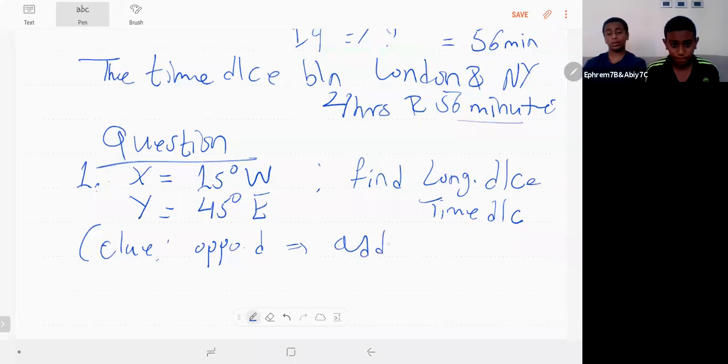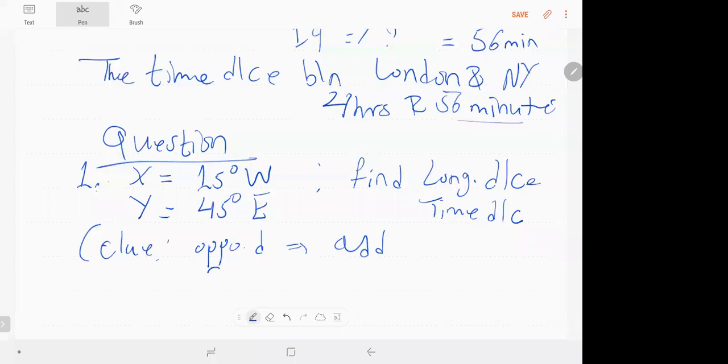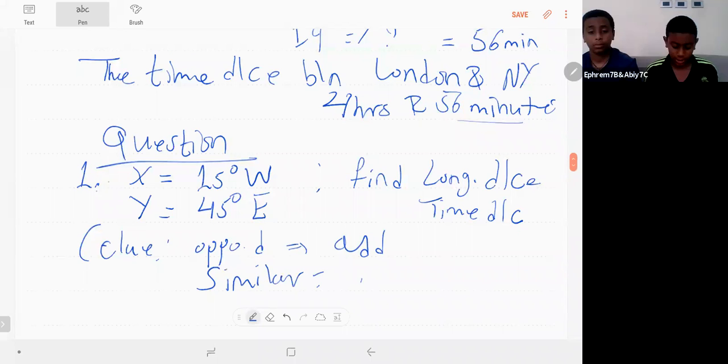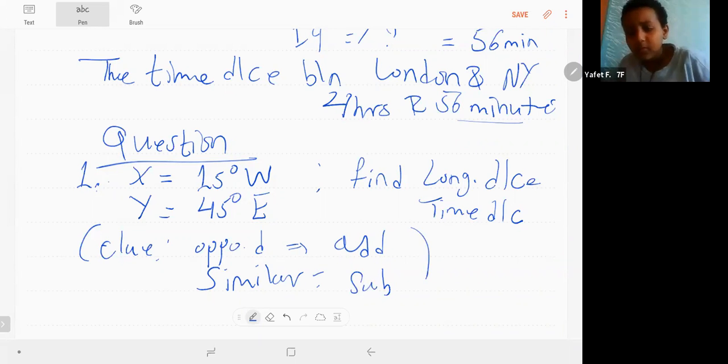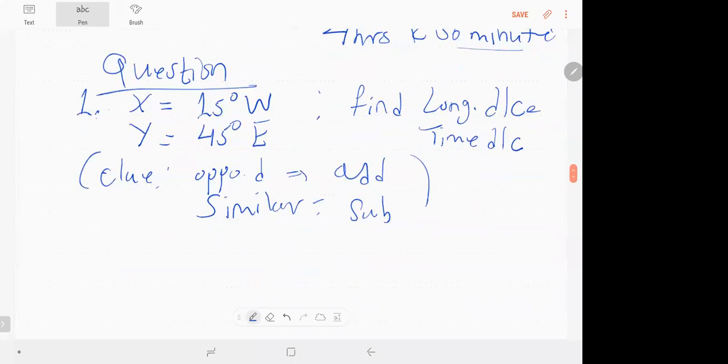Add, yes? Add the degrees. For similar, you subtract. Use this and calculate first the longitudinal difference, then the time difference, and tell me the answer.